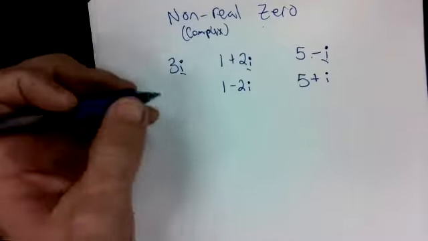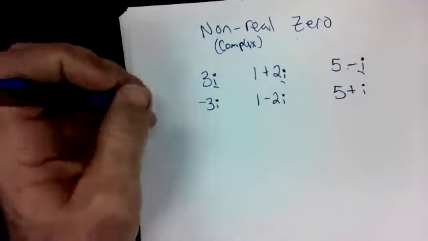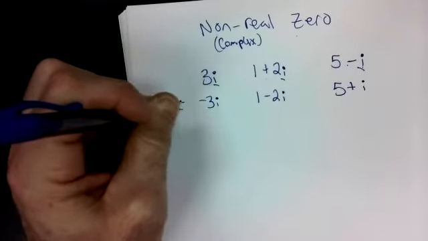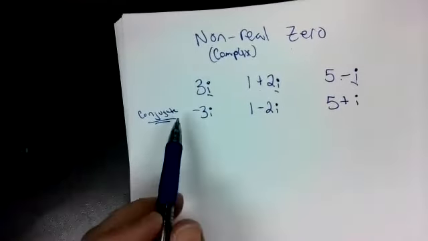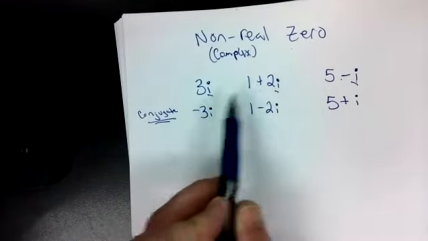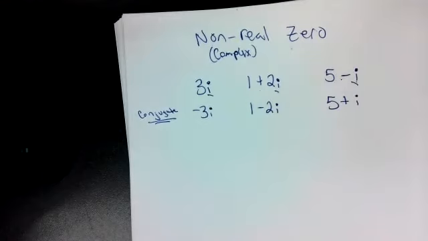And if 3i is a zero, so is negative 3i. These are also called the conjugate. So in pretty much the exact same way that irrational zeros come in pairs with opposite signs, so do your complex or non-real zeros.